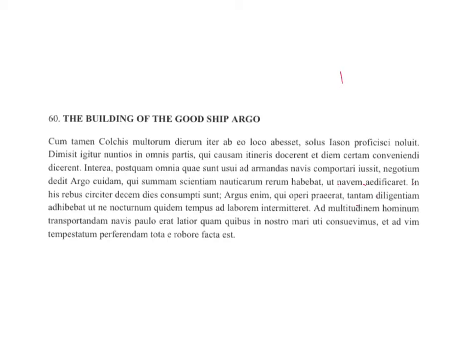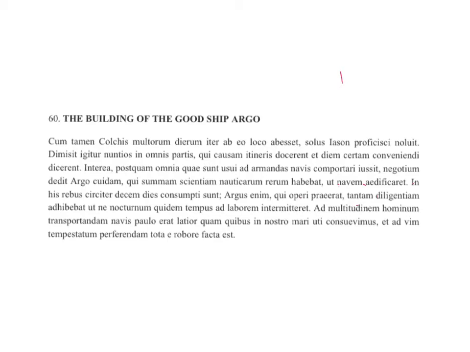Ad multitudinem hominum transportandum navis Paulo erat latior quam quibus in nostro mari uti consuemus, et ad vim tempestatum perferendam tota e robore facta est. Okay, let's look through here again. And again, just like we had in the earlier sentence, you need to look for your main verb first.